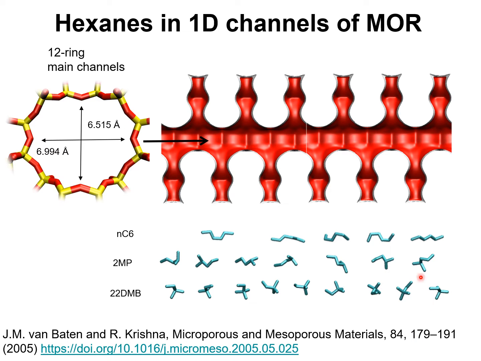And the differences in the saturation capacities can be judiciously exploited to separate the hexane isomers.